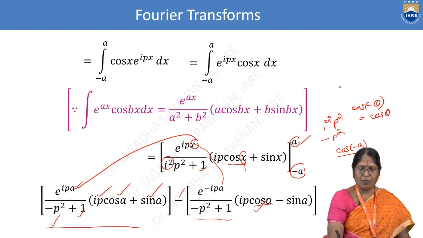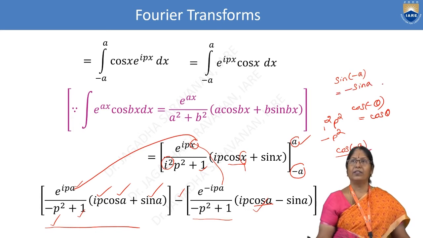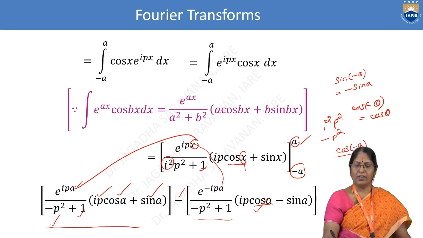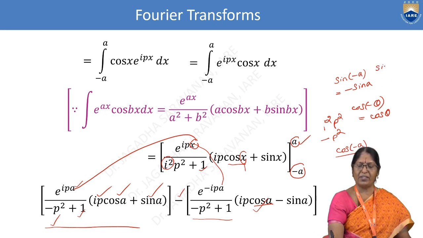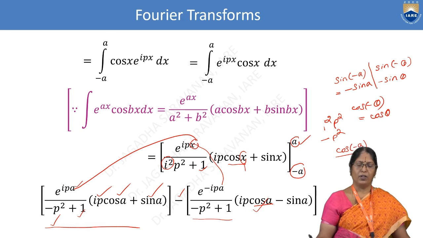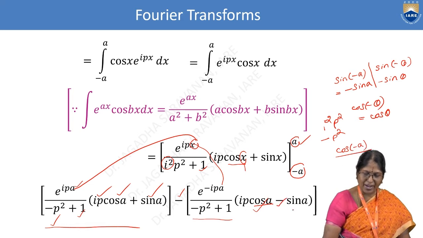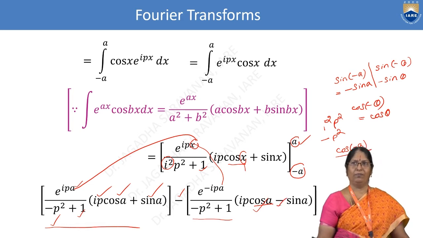Next, sine of minus a is nothing but minus sine a. The formula is sine of minus theta is nothing but minus sine theta. So here the minus is playing the role.